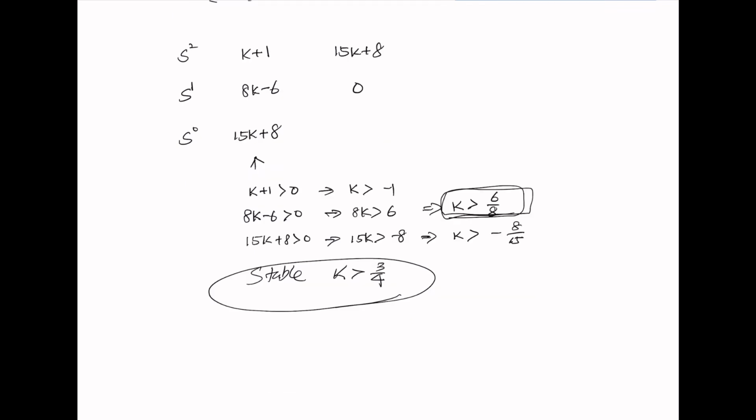That's one. Now for marginally stable, we have to have a row of 0. Now we have options. Here is the row of 0, but we cannot do this. That's not an option. We cannot find a value of K that will give us a row of 0, either here or here.